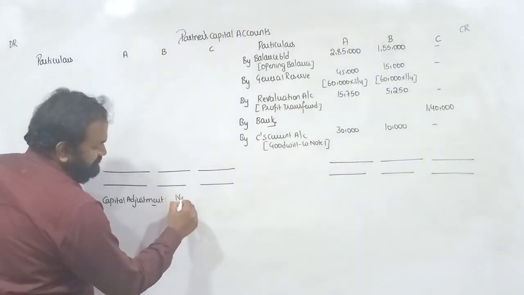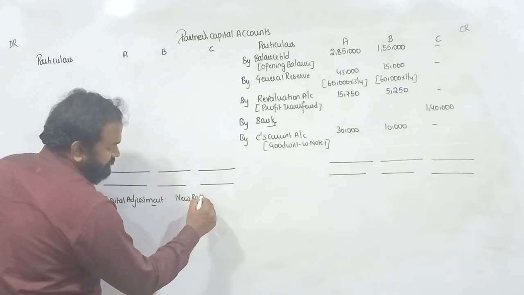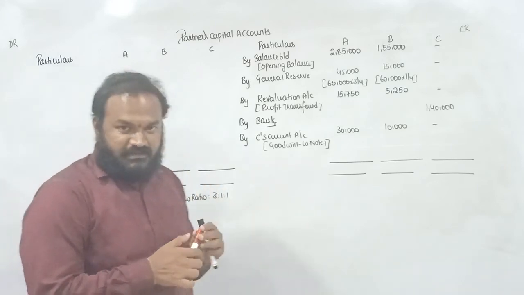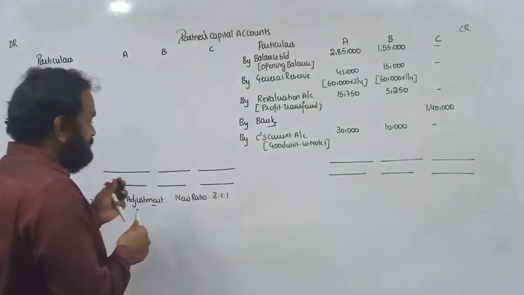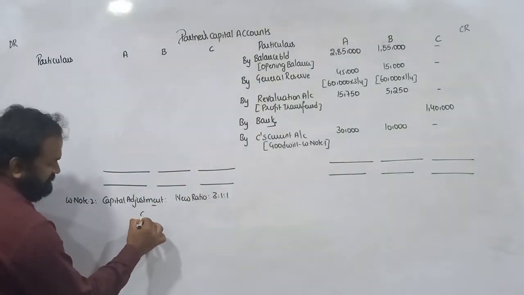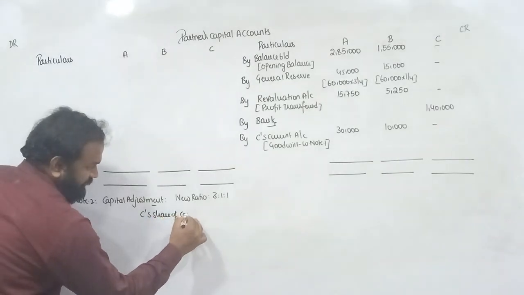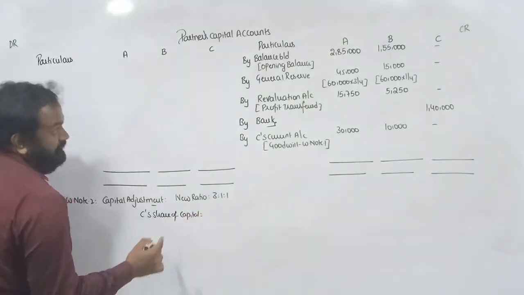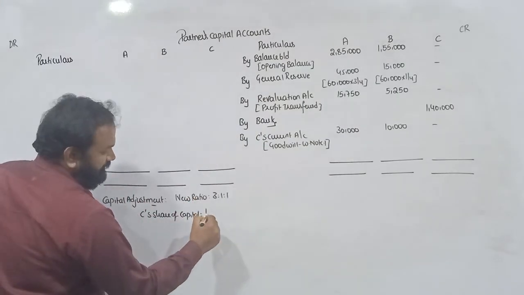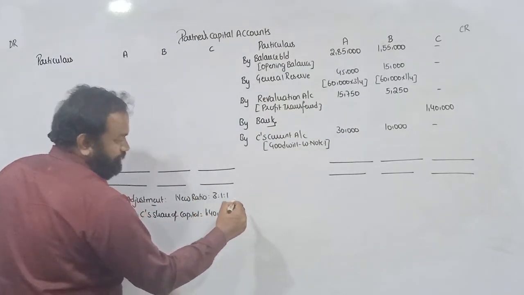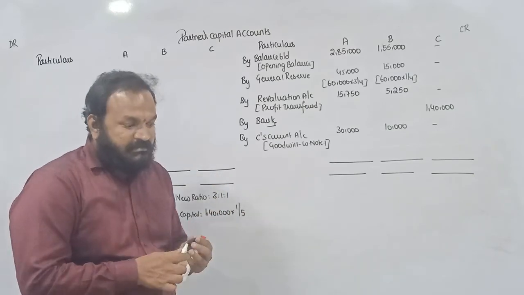See, what is the new ratio between A, B and C? It's 3:1:1. C brought, C's share of capital is equal to 1,40,000 for 1/5 share.